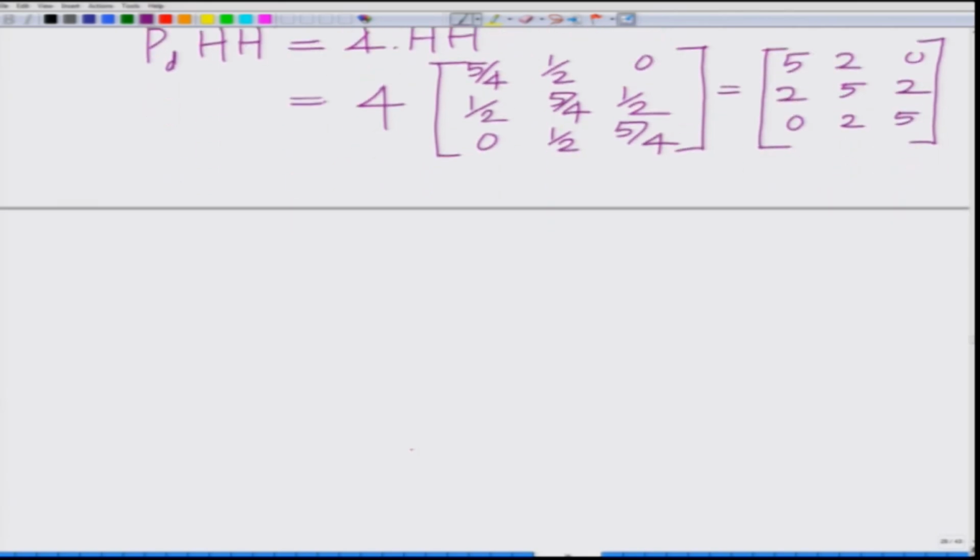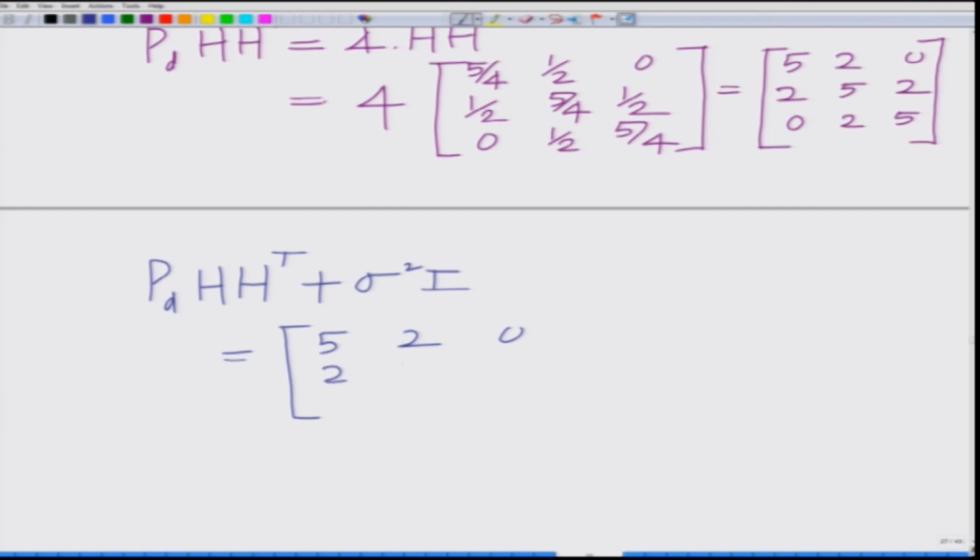Now, we need PD times H transpose plus sigma square I, which is 5, 2, 0, 2, 5, 2, 0, 2, 5 plus sigma square. Well, sigma square is 1.